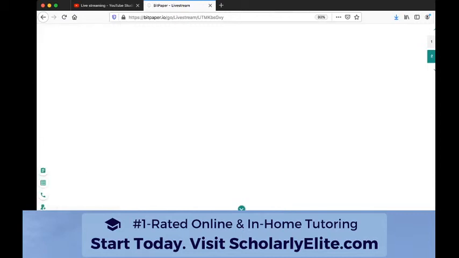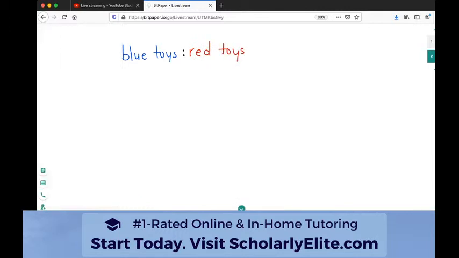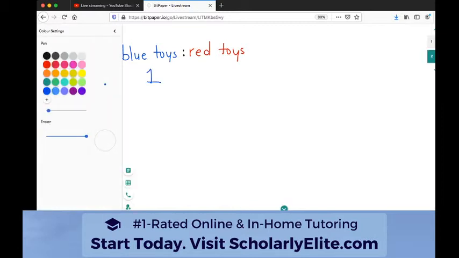So let's say I had a ratio of blue toys to red toys. And for every 1 blue toy that I have, I have 5 red toys.